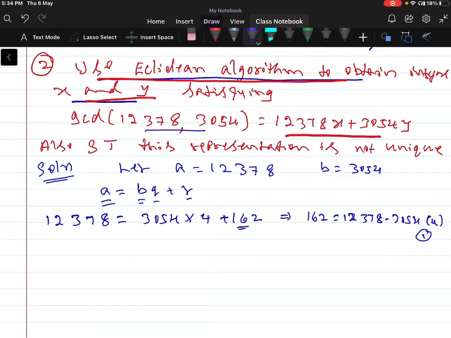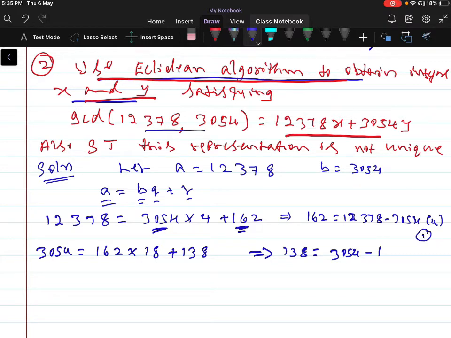Now let us apply the division algorithm for the integers 3054 and 162. Then 3054 can be written as 162 into 18 plus 138. So this implies 138 can be written as 3054 minus 162 into 18.